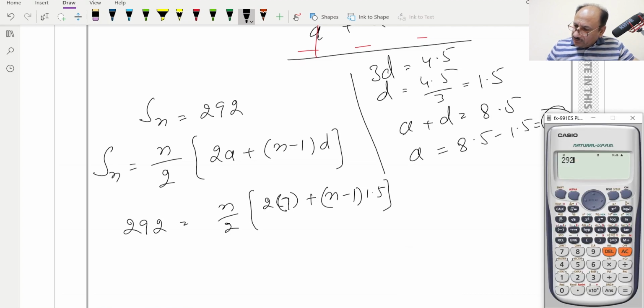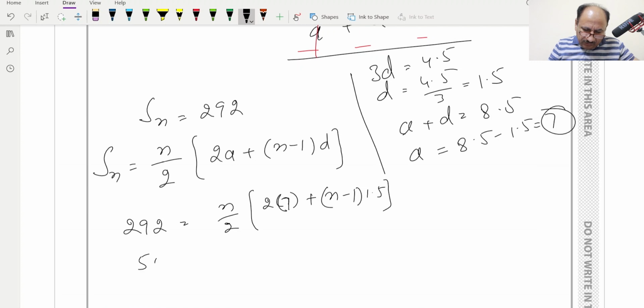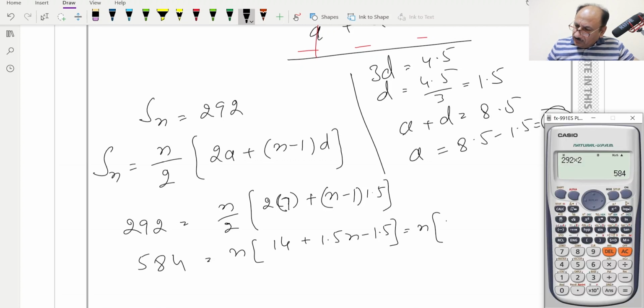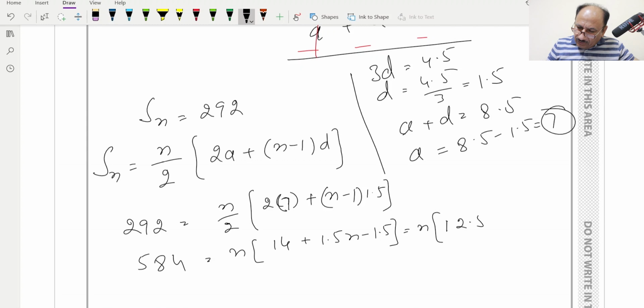So 292 multiplied by 2 is equal to 584, which is equal to n into, we can solve this bracket first: 14 plus 1.5 n minus 1.5, and this will be equal to n into 14 minus 1.5. 14 minus 1.5 is equal to 12.5. So 12.5 plus 1.5 n, this one.